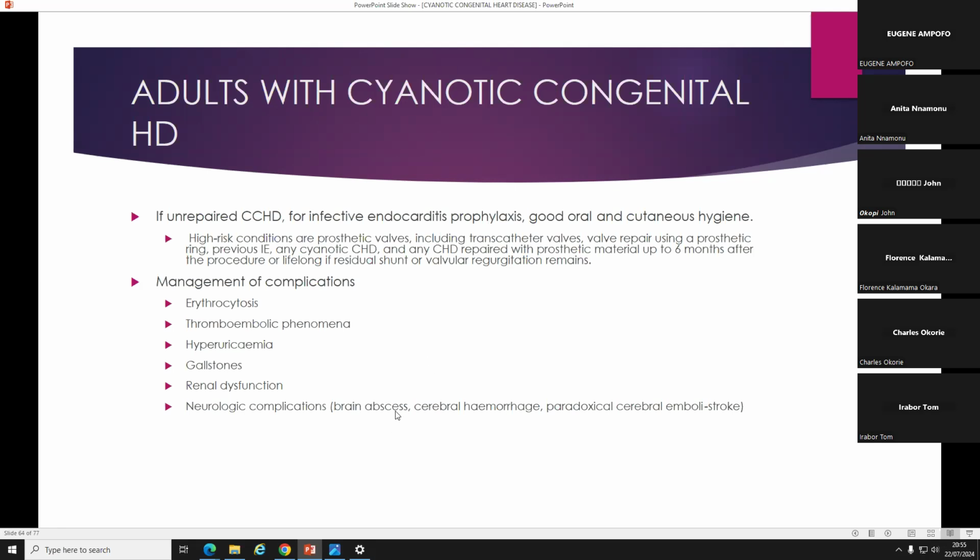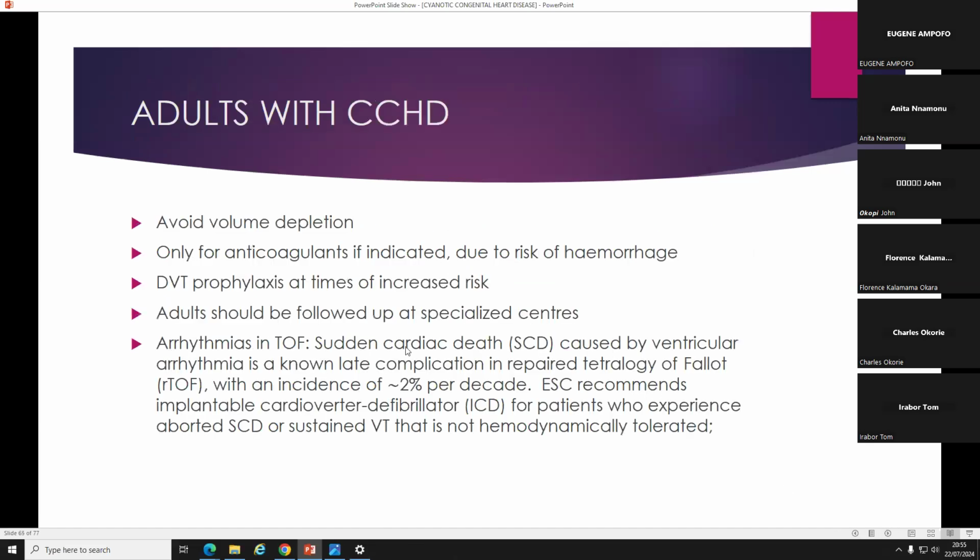Management of complications, basically involving the different specialties. Thromboembolic phenomena, they might need to be on anticoagulation. Gallstones, hyperuricemia might need to be managed in conjunction with surgeons. Neurologic complications, of course, neurologists.